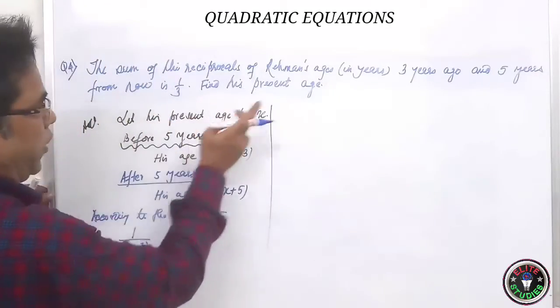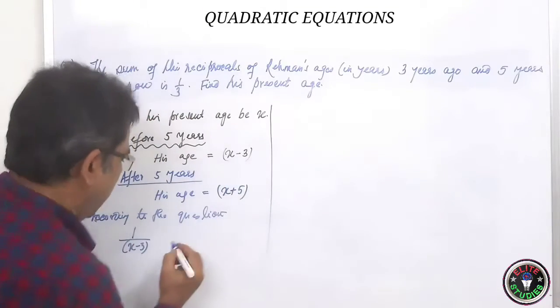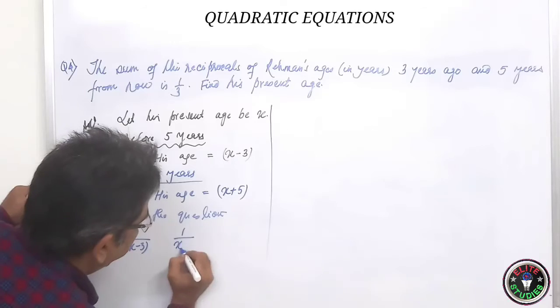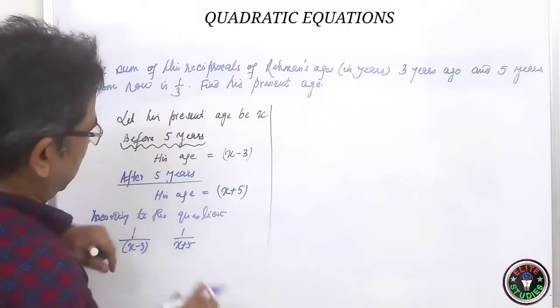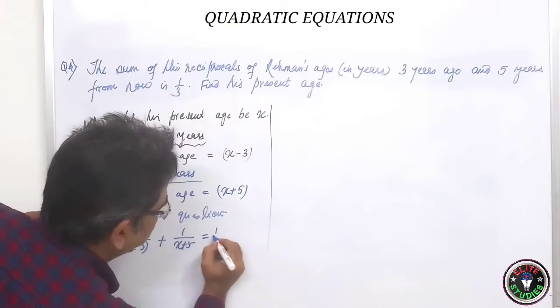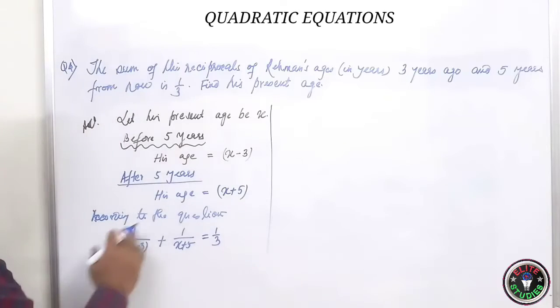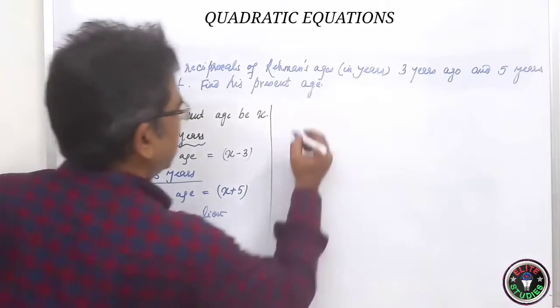And after 5 years it will be x plus 5 and its reciprocal will be 1 by x plus 5, and the sum of the reciprocals gives 1 by 3. So we have framed the equation. Now our next step is to solve it.